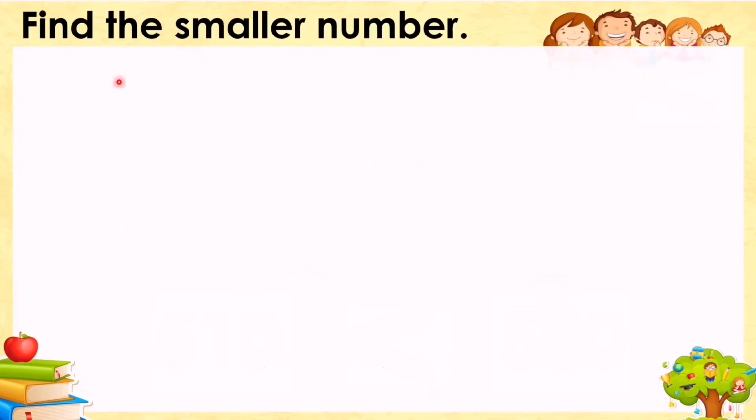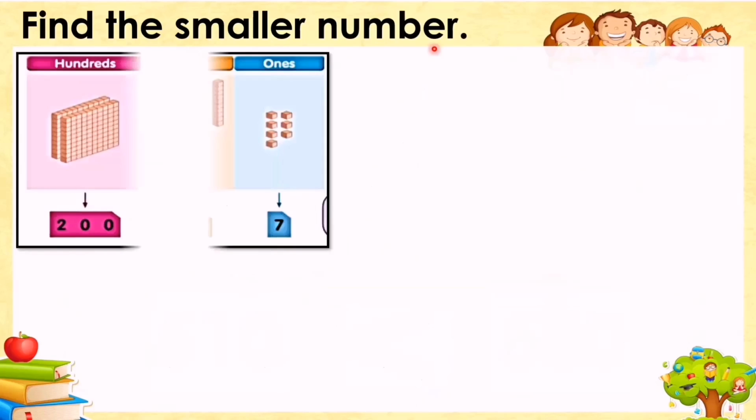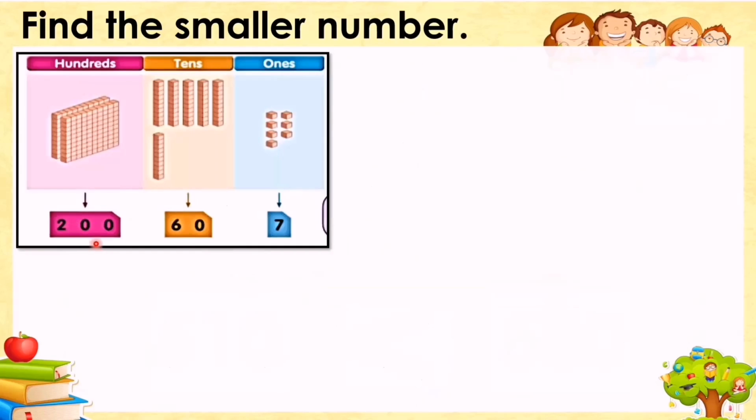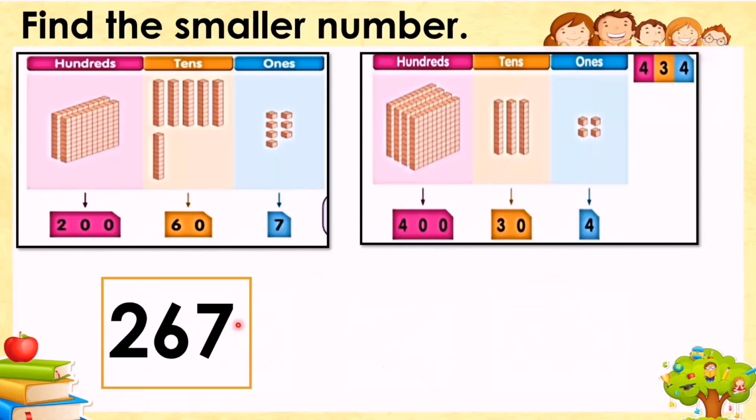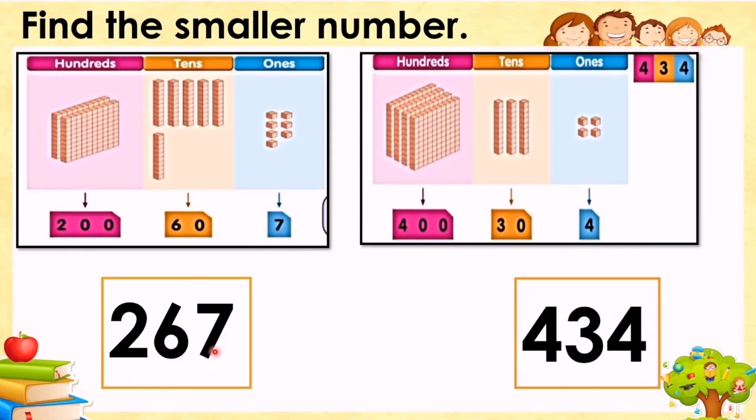Another example. Let's find the smaller number. We have here 267 and 434. If you're going to compare 267 and 434, which is the smaller number? The smaller number there is 267.